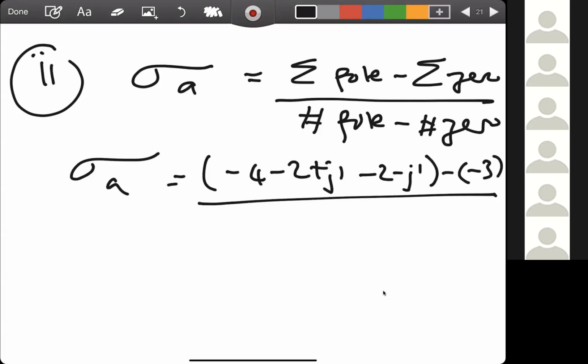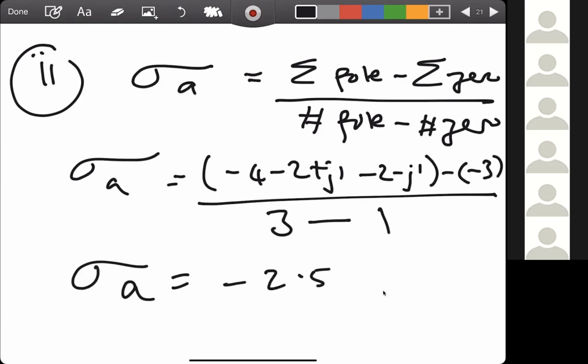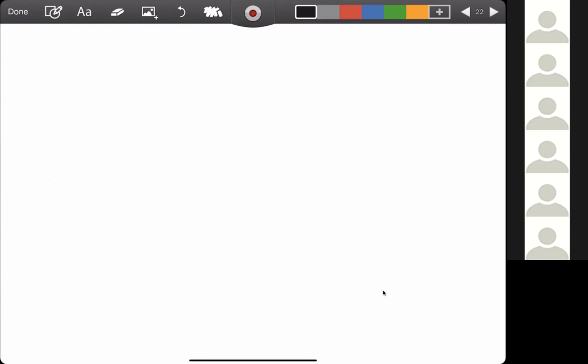Number of poles is 3, number of zeros is 1. So you get minus 2.5. That is the sigma A, the asymptote point, and then the angle of asymptote.